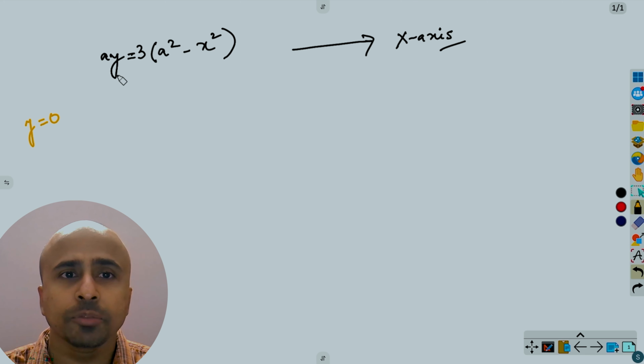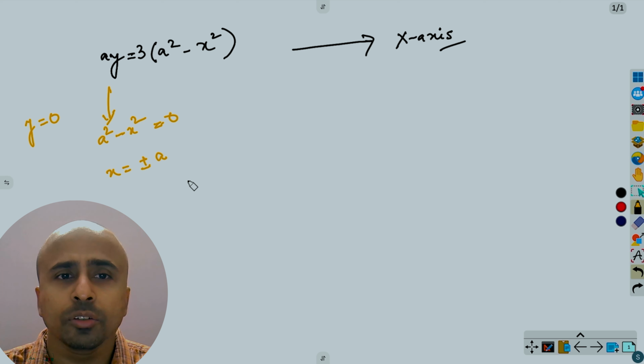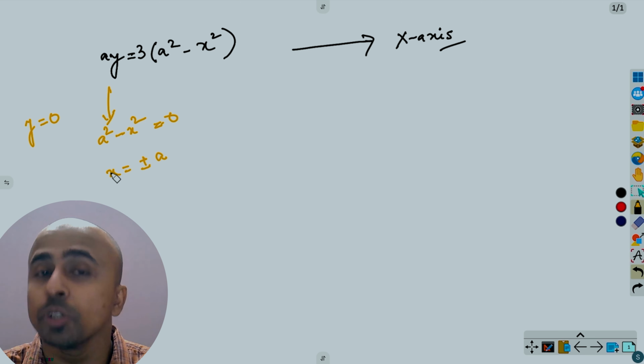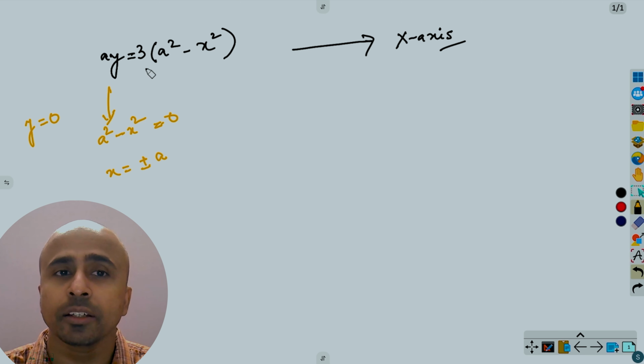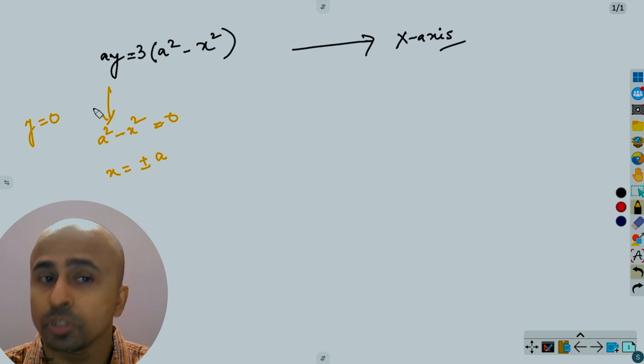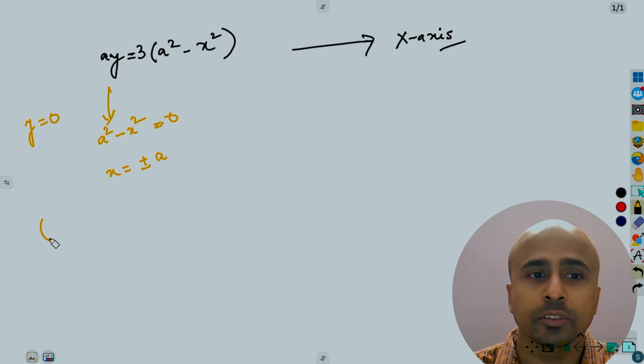So if we substitute y equals 0, then from here we obtain a square minus x square equals 0, which after simplification gives x equals plus minus a. So from here we can easily conclude that this parabola intersects the x-axis, that is the y equals 0 line, at 2 points: (a, 0) and (minus a, 0).